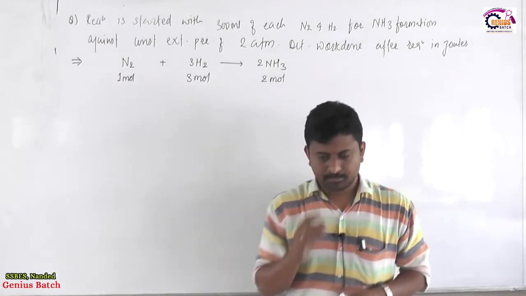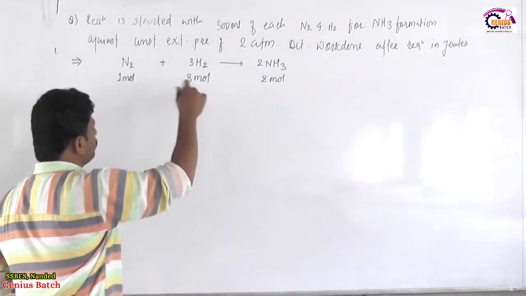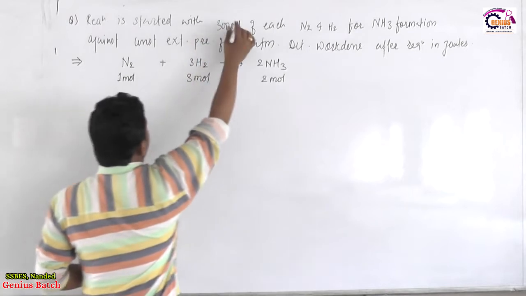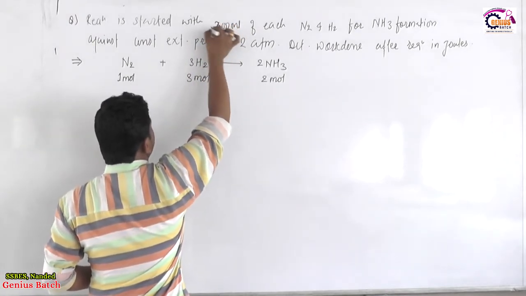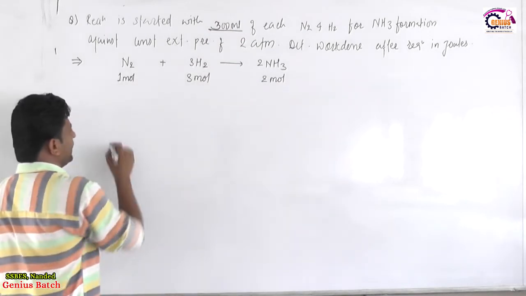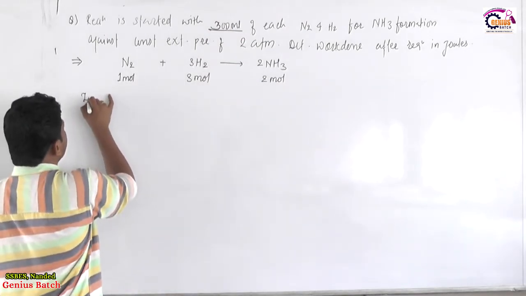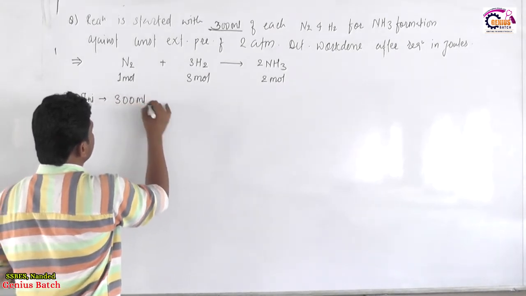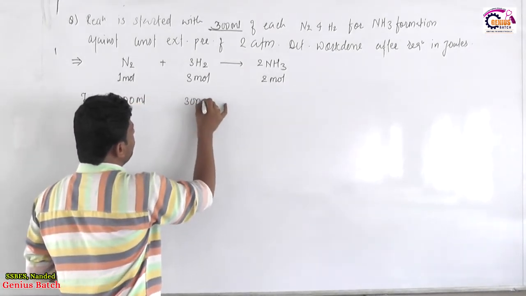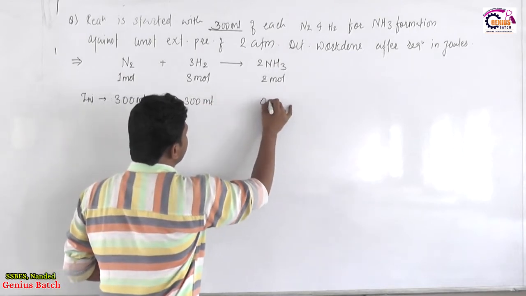Clear? Now, from the question, it is started with 300 ml of each of nitrogen and hydrogen. So initially we have 300 ml nitrogen, 300 ml hydrogen, and 0 ml of product.